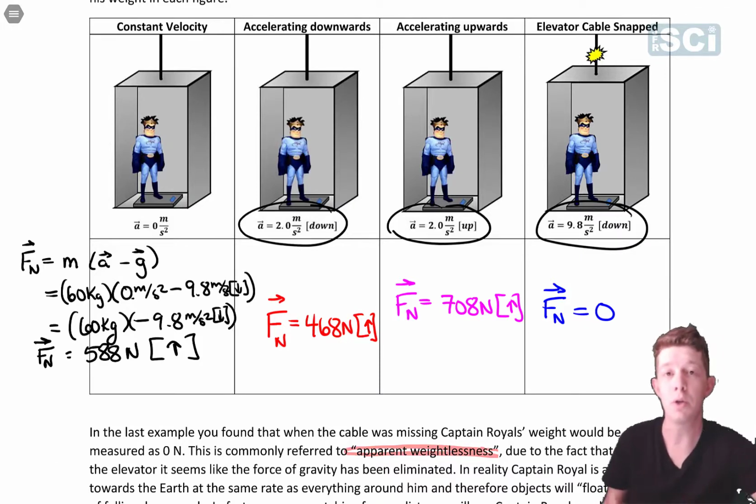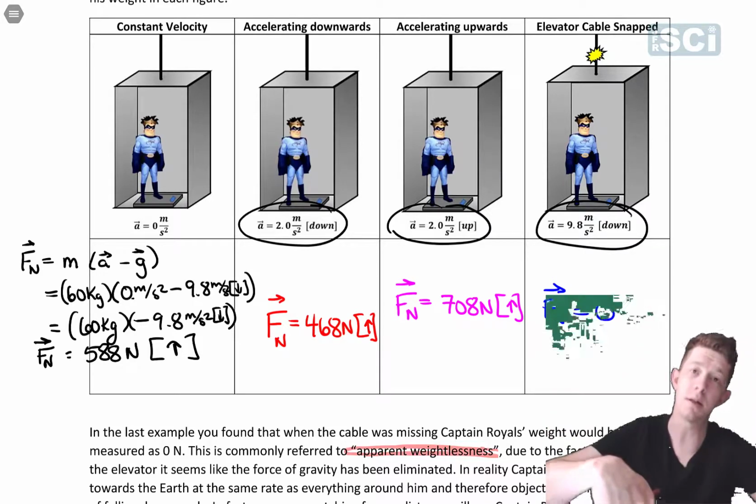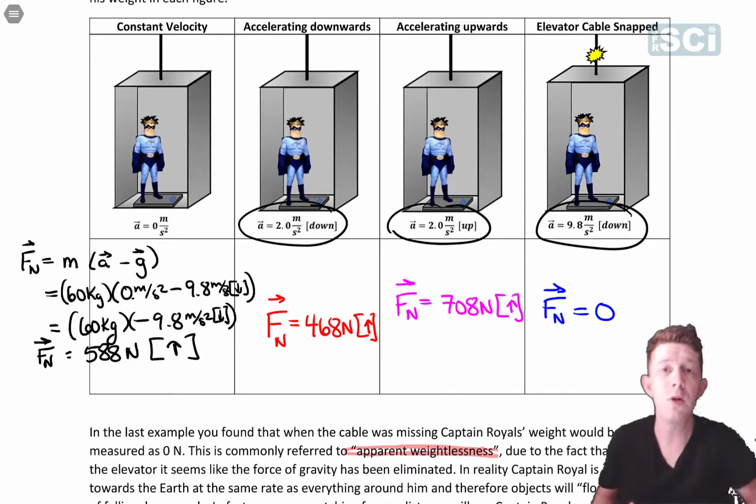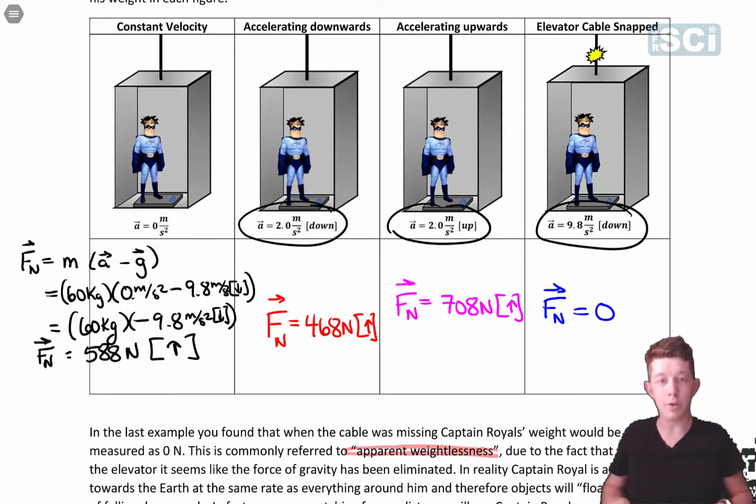So the concept of apparent weightlessness occurs when we are accelerating downwards at 9.8 meters per second squared. You may have experienced these types of apparent weight changes on something like a roller coaster. When you're coming over the top of that hill and you're rushing towards the earth again, you feel like you're semi-floating. If you were ever on a roller coaster and the seatbelt wasn't as tight as it could be, you almost lift up from your chair and you feel like you're flying a bit.